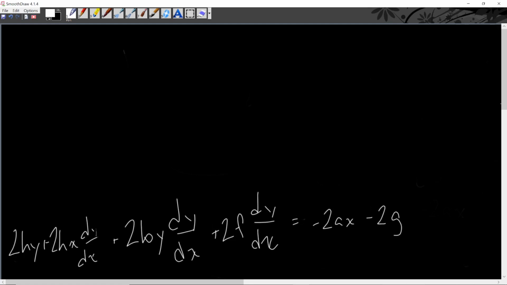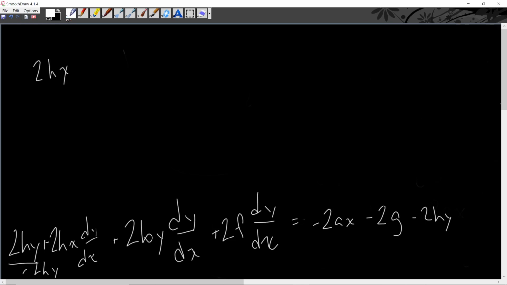And now I think you might be able to see something that we can do. We can bring this 2hy to this other side. We'd have 2hy over here minus 2hy over there. And so we would have 2hx.